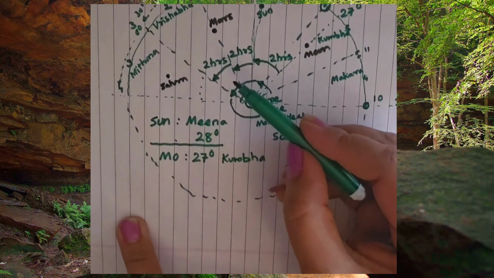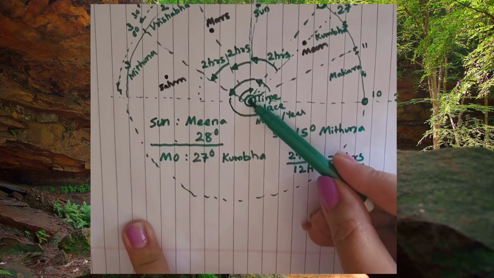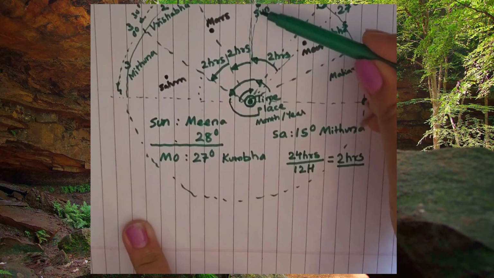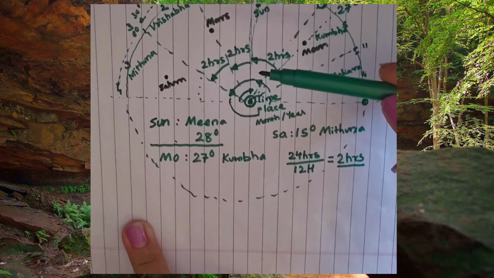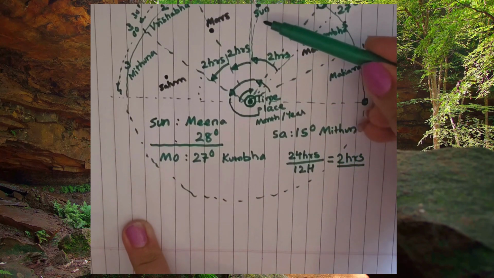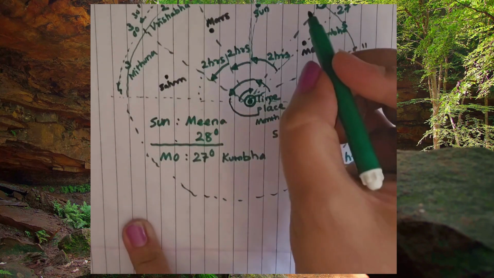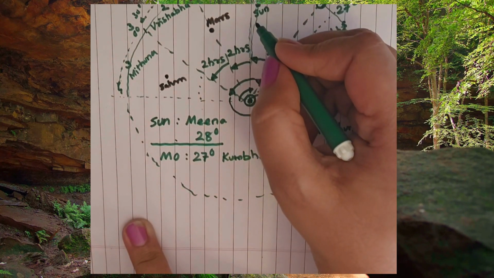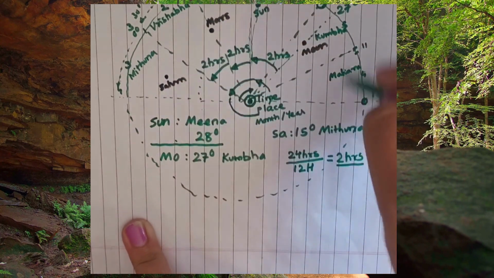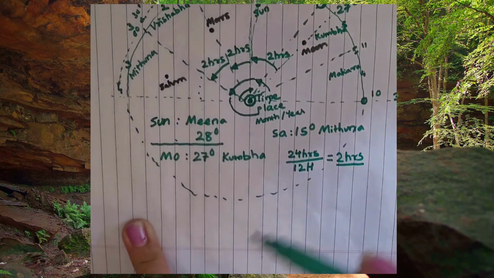Now, based on the time on which native is born, with respect to sunrise, on any particular day, based on the degree of sun. So here we are assuming 28 degrees sun in Meena Rashi, correct? Based on degree of the sun, the placement of sun we already have decided, correct? It will be in either of the 12 rashis. In this case we are considering 28 degree Meena Rashi, correct?